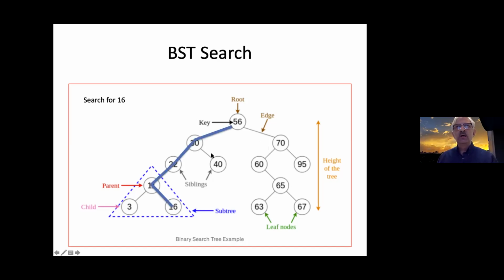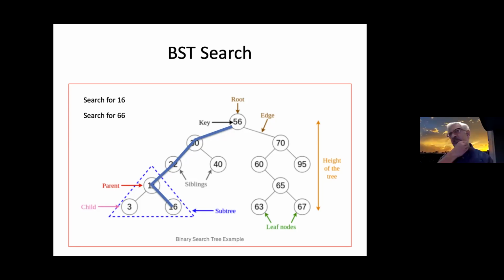So the path that you take in the tree is shown by this thick blue line, and it shows that these are the 5 nodes you're going to visit as you do the search. So that's what happens when you search for the number 16. Is that clear? Yes.